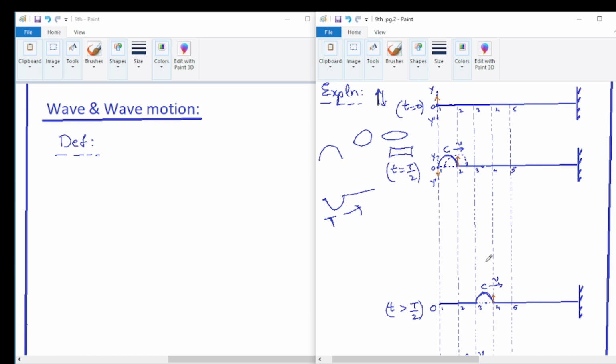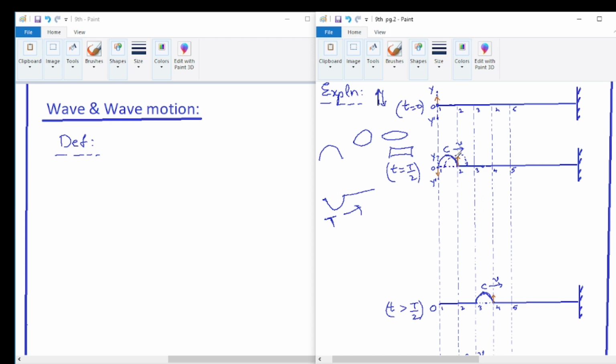So wherever the crest goes, the particles are disturbed from their mean positions to form the convex shape of the string. That is what we have seen. Earlier, when the crest got formed here, the disturbance had reached up to particle 2, which was still at rest.